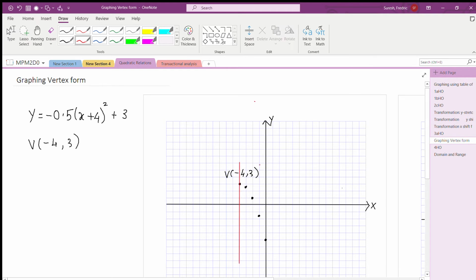Once we have the axis of symmetry, all we do is reflect the points on the other side. And we have the parabola. As you can see, I took very little time to graph this.